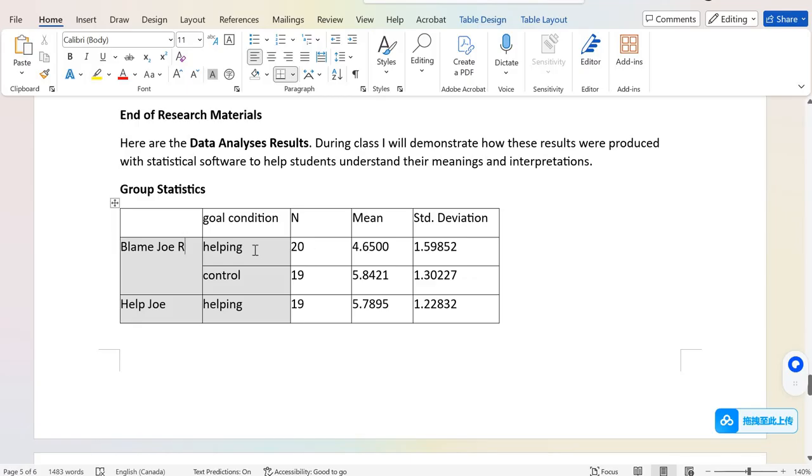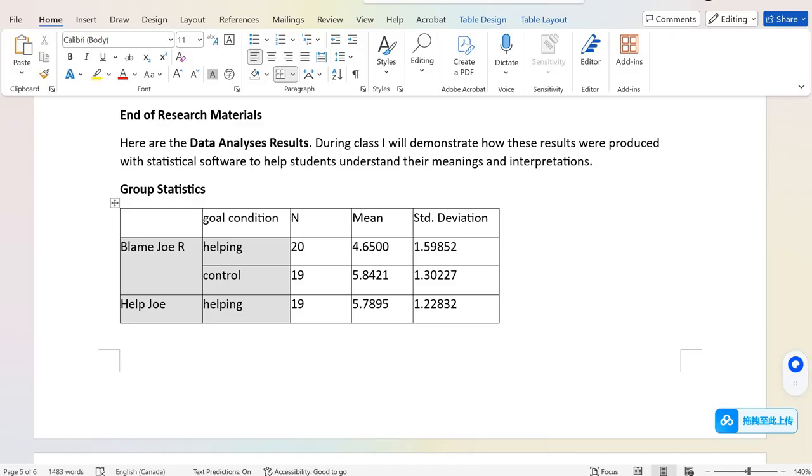And you report the two groups. One group, those people who were undermined in helping, thought about one time they failed to help other people. How many people were in that group? 20 people in the group.